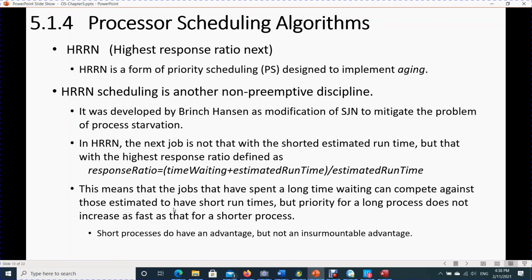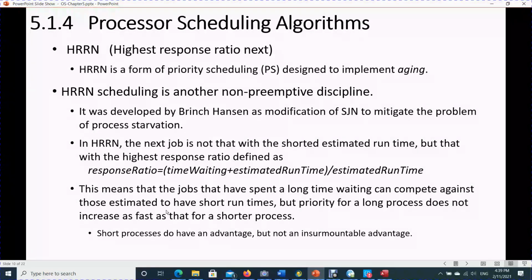The idea is that if a job has been waiting for a while, its priority gets boosted to where even long jobs can compete for the use of the processor. Jobs that have spent a long time waiting can compete against those with short estimated run times.